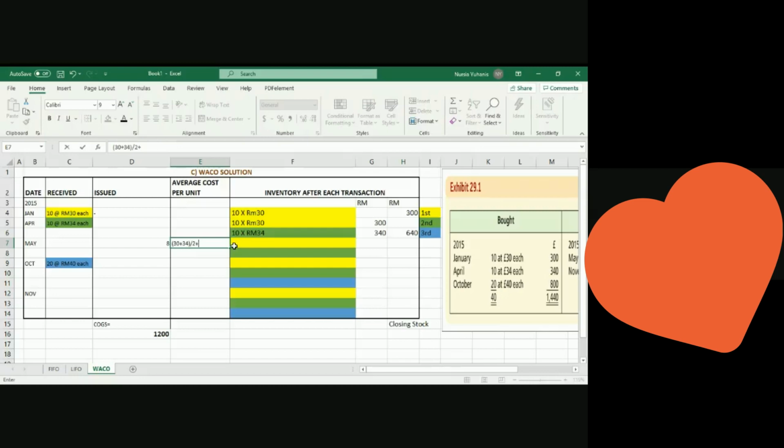Then you will have the average price of how much? 32. Yes, that's correct. So now the average price is 32.